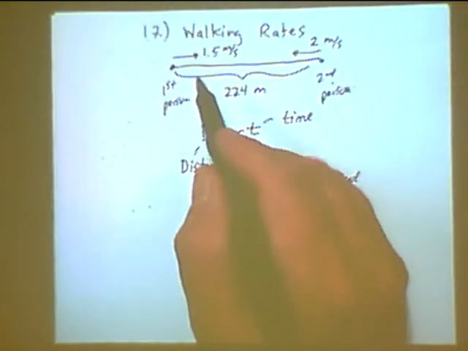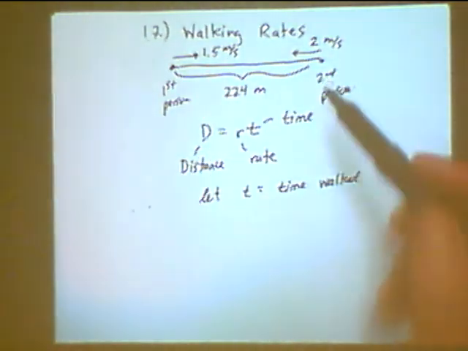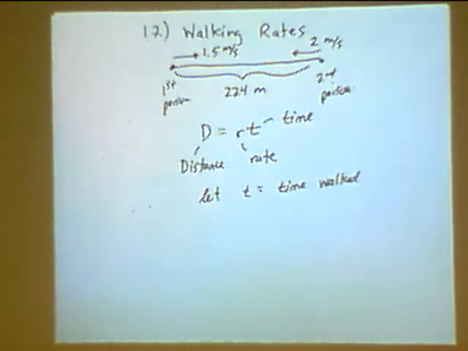The first person is walking, and the second person is walking, and they're walking toward each other. When they bump into each other, they will have walked the same amount of time, because they started walking at the same time. They will not have walked the same distance because the second person is walking faster. But they will have walked the same amount of time.